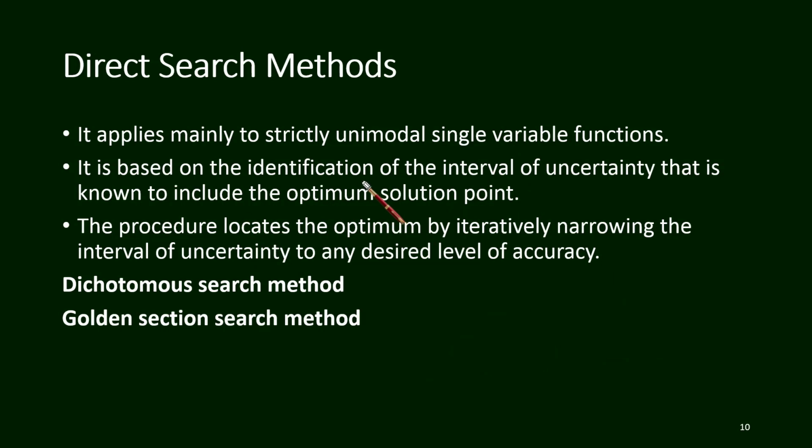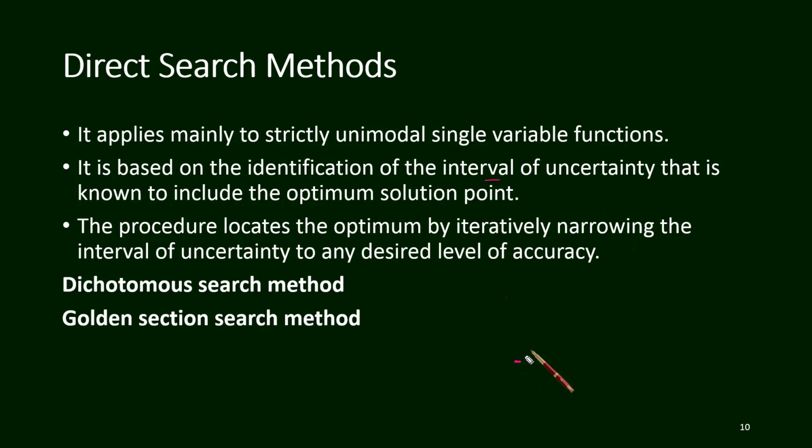It is based on the identification of an interval of uncertainty that is known to include the optimum solution point. Although it is unconstrained optimization, that means the function is from minus infinity to infinity, still we restrict our discussion to a certain interval that is known as the interval of uncertainty.